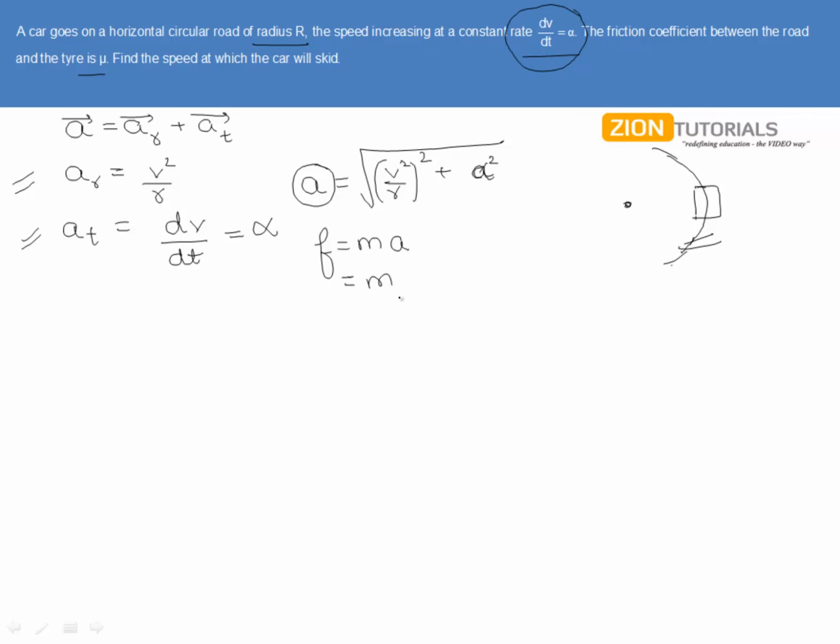That is equal to mass under root v square by r whole square plus alpha square. But what is the frictional force? This is obviously equal to mu into normal reaction. Friends, I am not saying that the frictional force will act in this direction or that direction.